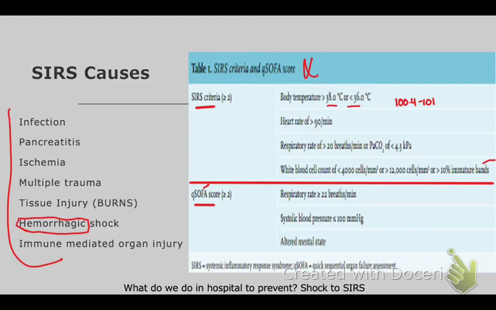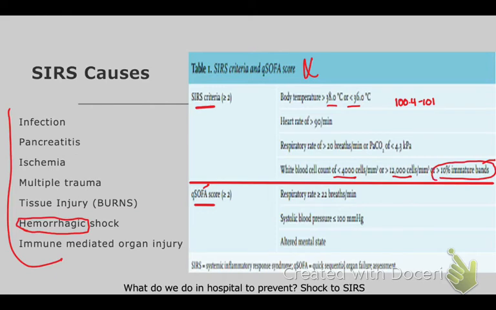And then your heart rate of greater than 90, respiratory rate, and then don't forget about your white blood cells, less than 4,000, which is low. So think about your immune compromised people, your HIV, your cancer patients. And then also they can be really high, so infection again. Then also don't forget about your baby neutrophils, right?